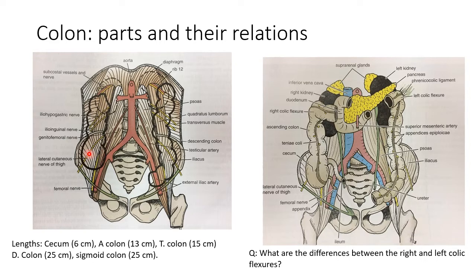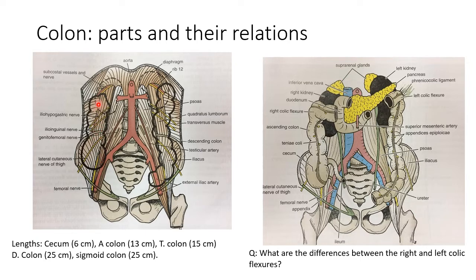There are two nerves posterior to the cecum, and those are the lateral cutaneous nerve of the thigh and the femoral nerve. And also one of the posterior relations of the cecum is the iliac crest. So those are the posterior relations of the cecum.